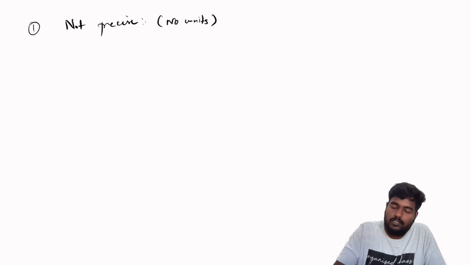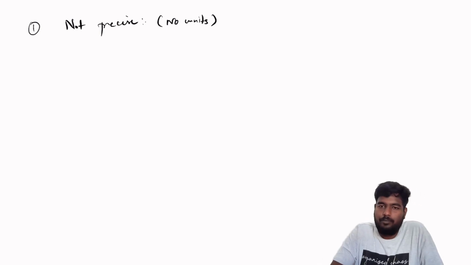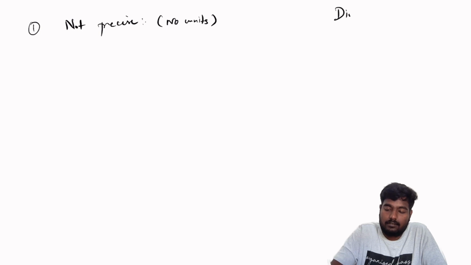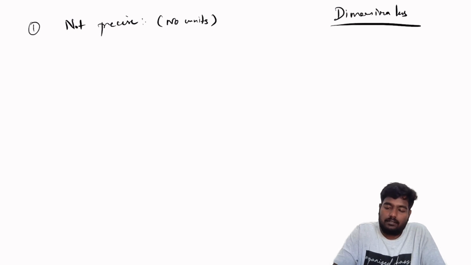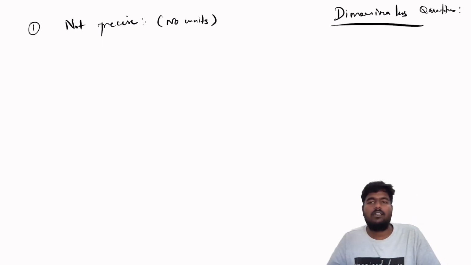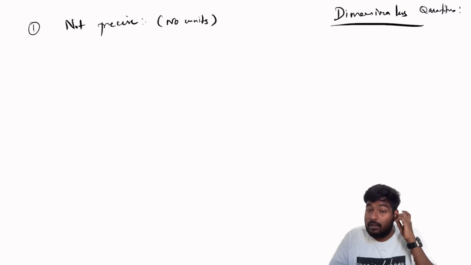Second, this is a new concept. Remember, before we discussed there are 7 fundamental quantities, right? There is one more type of dimension which is called dimensionless. So there are some quantities or parameters that do not have dimension.